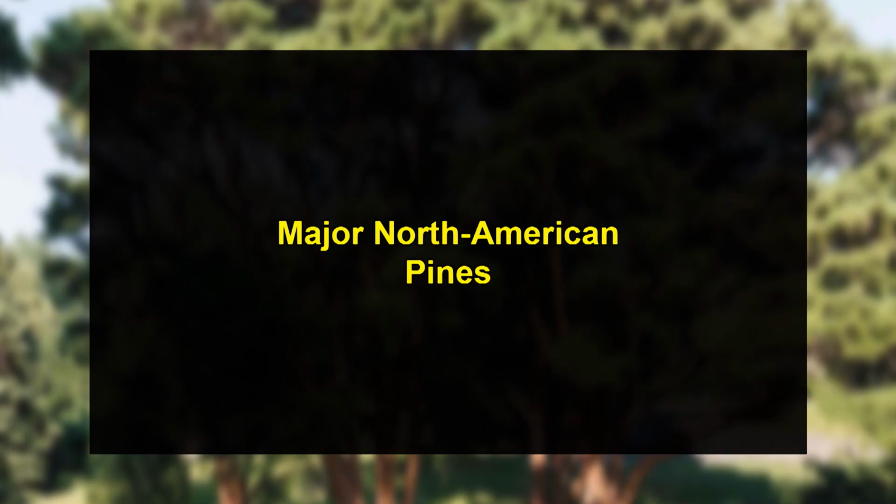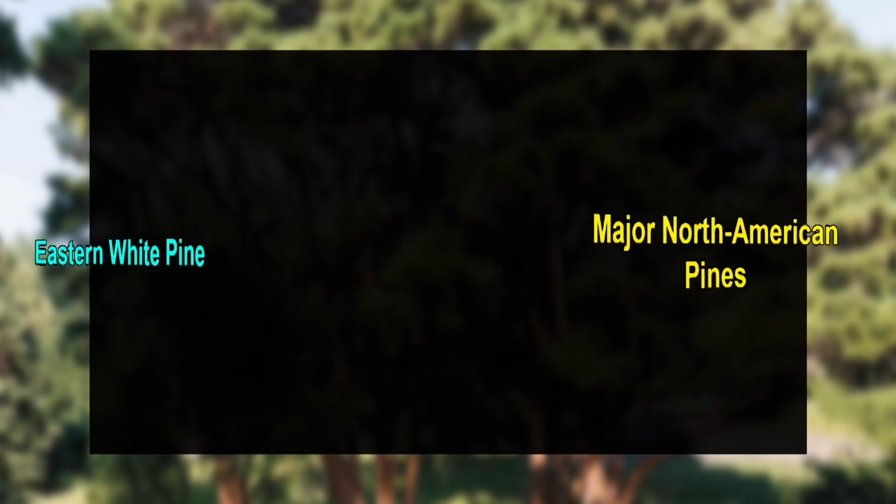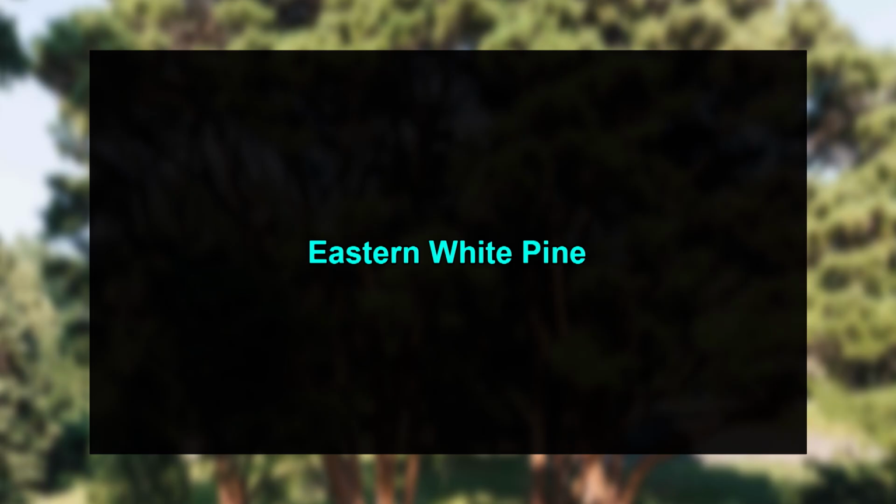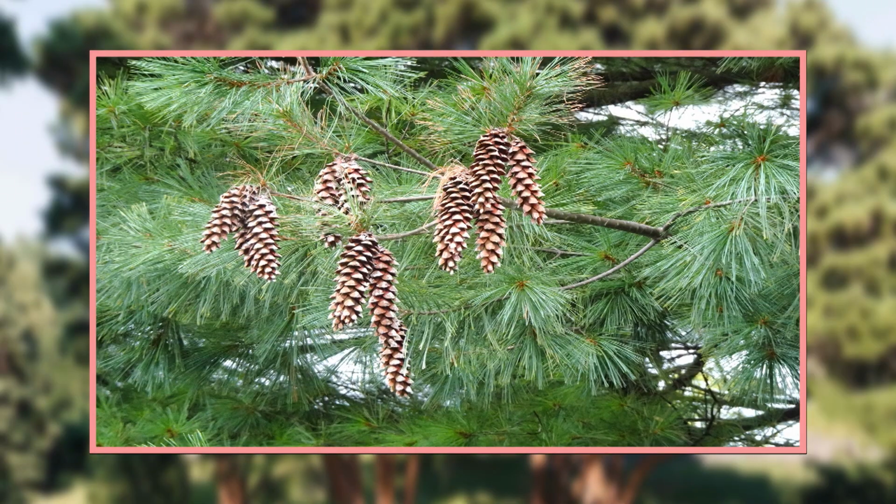Now, let us know about some major North American pines. First in this list is the eastern white pine. The eastern white pine or Pinus strobus is one of the most valuable of North American timber trees because of its large size and soft even grain of its white wood.